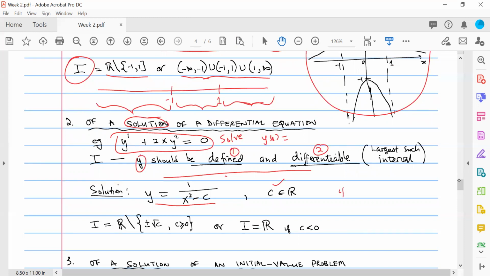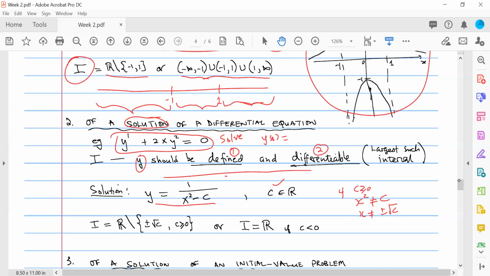If C is greater than or equal to 0, then we have to make sure that x squared is not equal to C. Otherwise, the solution is not defined. So in that case, we'll have to say x should not be equal to plus or minus root C. Those are the points.